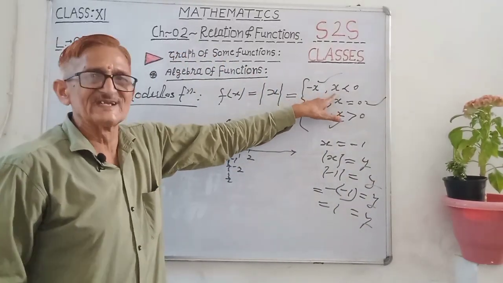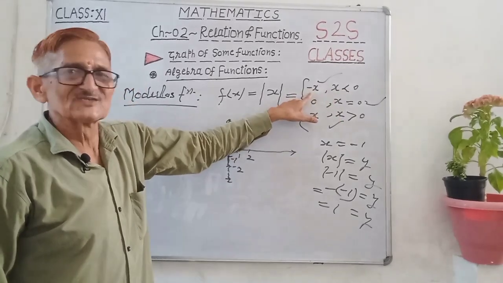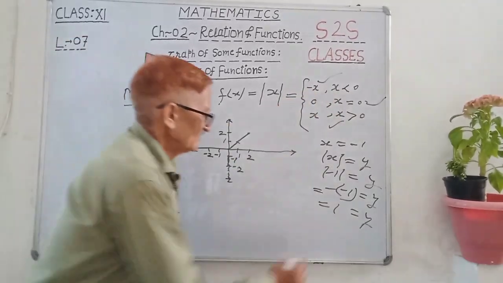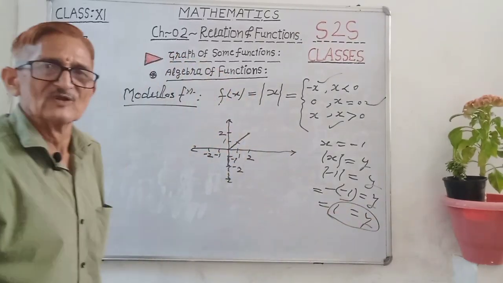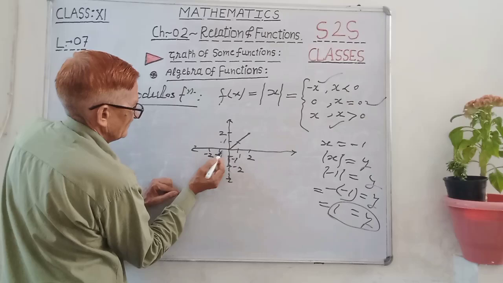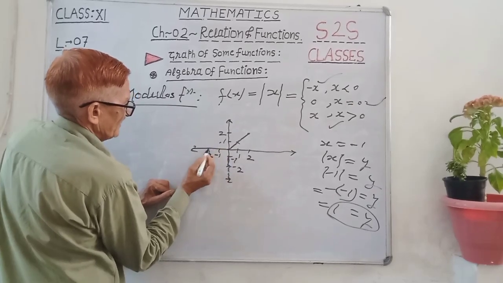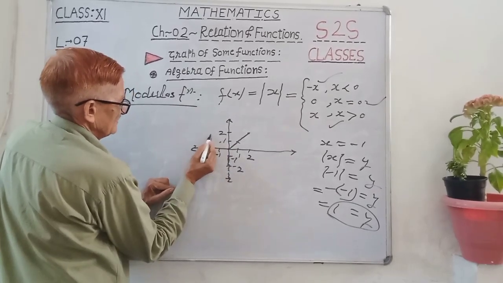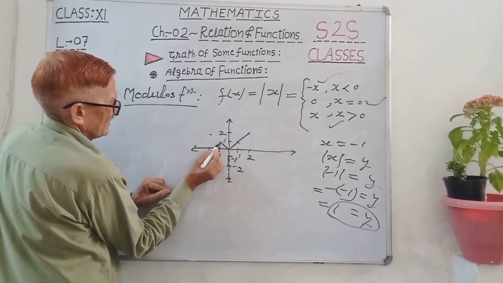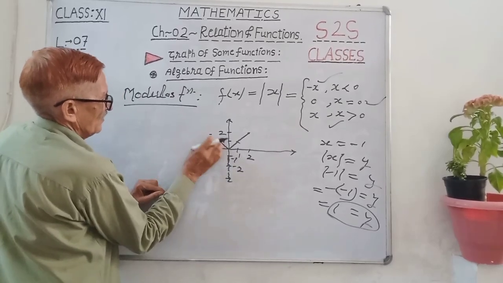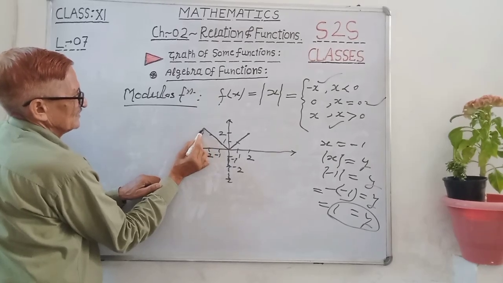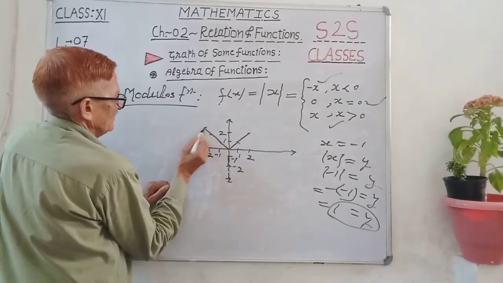If x is negative, then y is minus of that x. So minus of minus 1 is plus 1. So positive will come always. So this will be positive 1. So for x minus 1, y is 1; then for minus 2, y is plus 2. So like this, many points will come on this straight line. Okay. So this V shape.